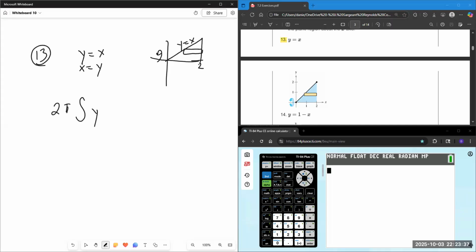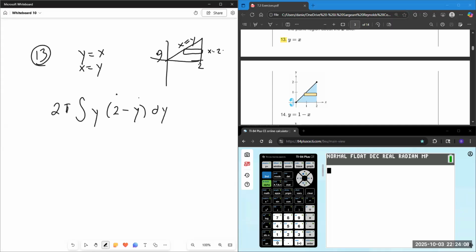Now our height of our rectangle is going to be right minus left, 2 minus y dy. So this is our big X value minus our little x value. So this is x equals 2. This was x equals y, 2 minus y.